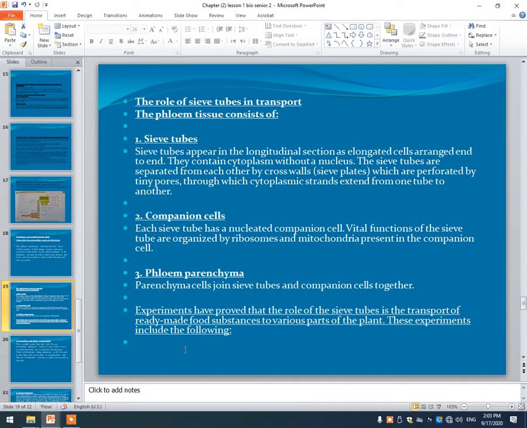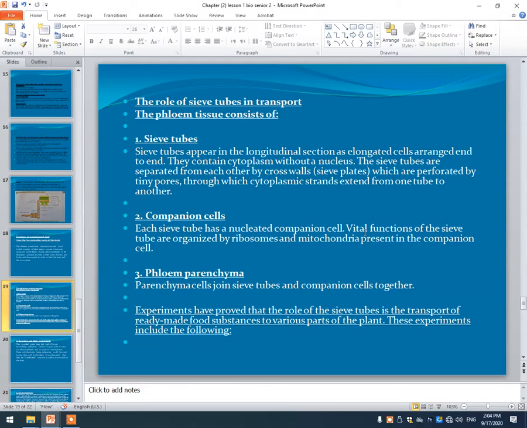The phloem tissue consists of what? Again, sieve tubes. We have said that sieve tubes appear in longitudinal section as elongated cells. They contain cytoplasmic streaming without a nucleus, and they are separated from each other by sieve plates, which are perforated by tiny pores, so cytoplasmic strands can extend from one tube to another tube.